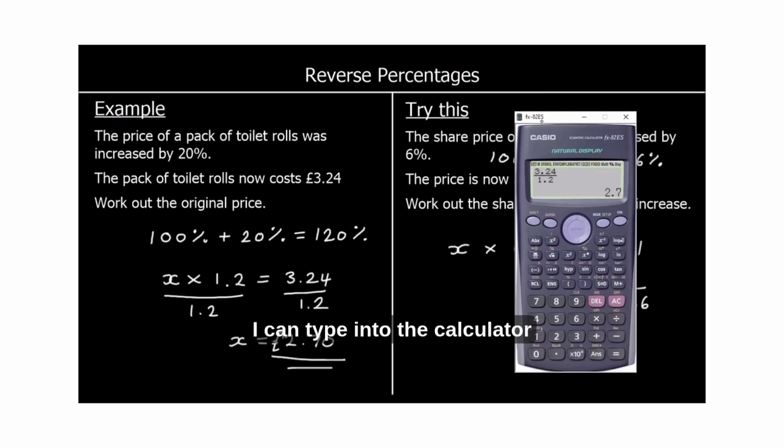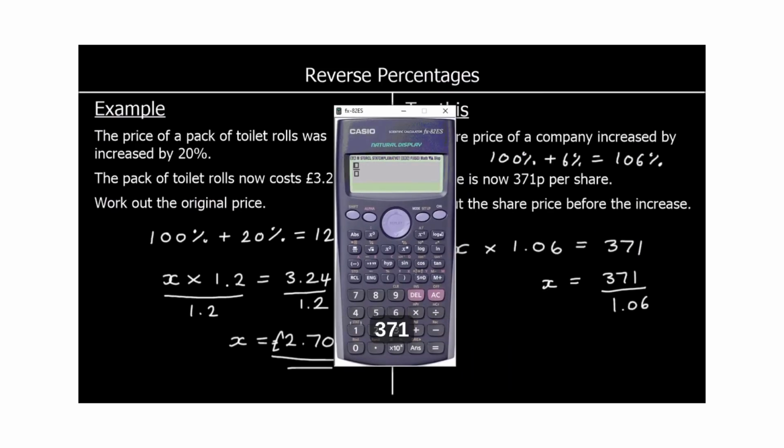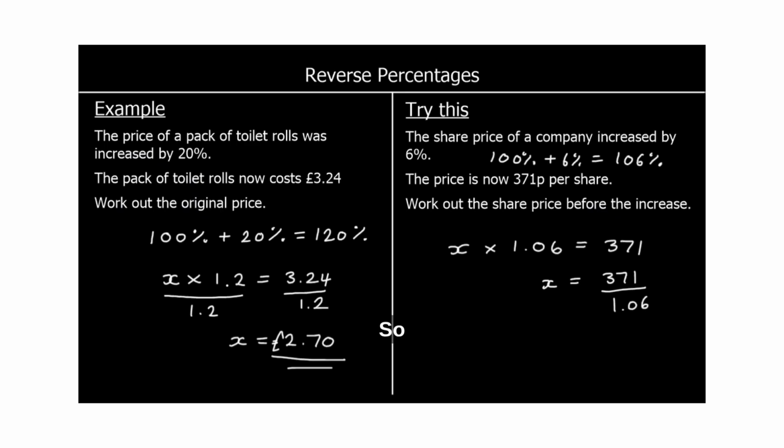So I can type into the calculator 371 divided by 1.06, and that gets me 350. So my original is 350 pence. So if I've got 350 pence and I add on 6%, I get 371 pence. If I've got £2.70 and I add on 20%, I get £3.24.